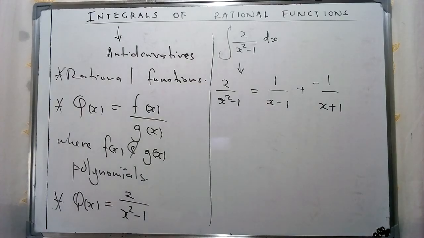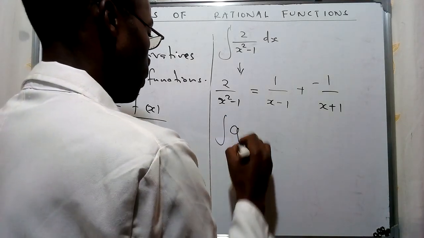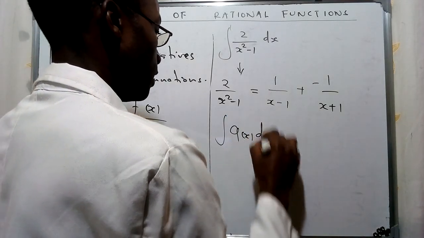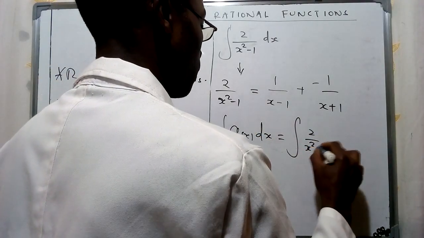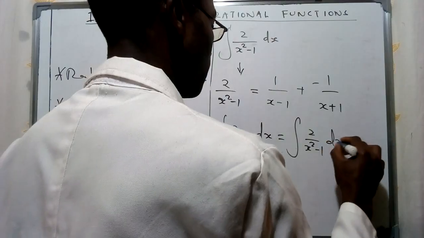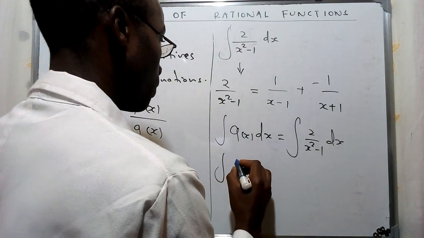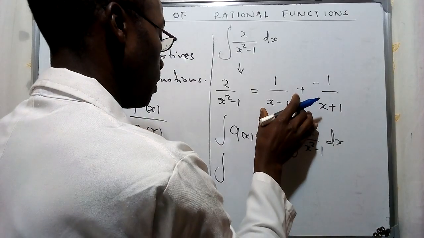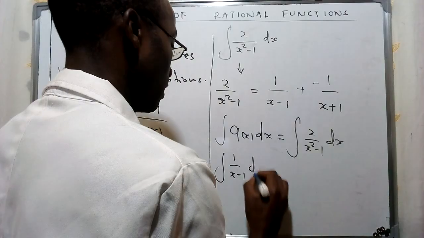So this implies that we can have this one expressed as the integral of the rational function dx, which is equivalent to 2 all over x squared minus 1 dx. So this is equivalent to the integral of the first part of the partial fraction decomposition, which is 1 all over x minus 1 dx.